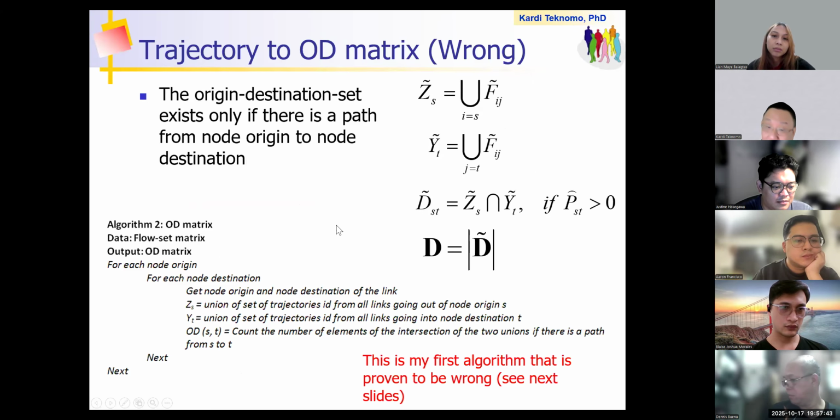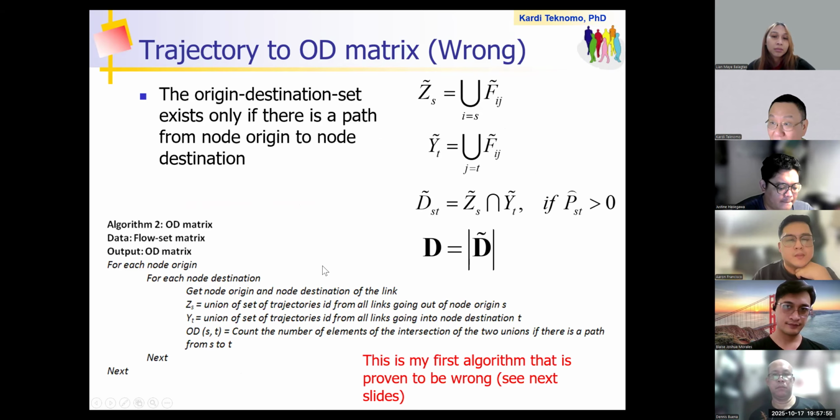Originally, this was the wrong algorithm to create the OD matrix. This is the first algorithm that I thought was right, but it is not correct. Why is this not correct?